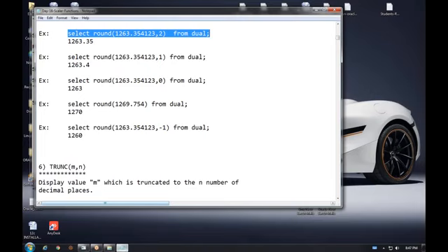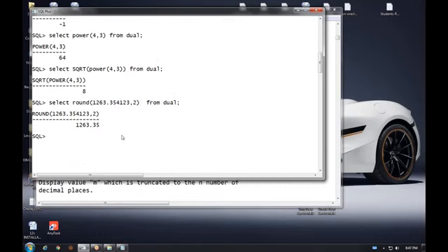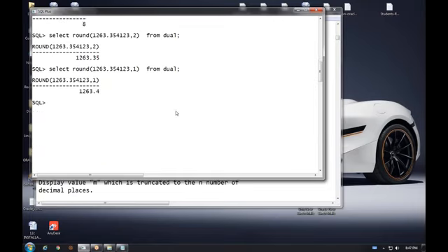Actually we have 6 decimal places. I need only 1 decimal digit, 4. Why? Because the second decimal digit is greater than or equal to 5. Next one, I don't need any digits. Complete decimal digits are eliminated.